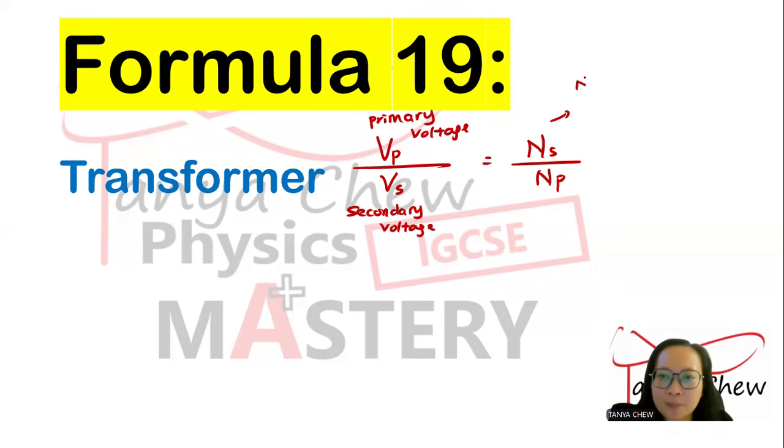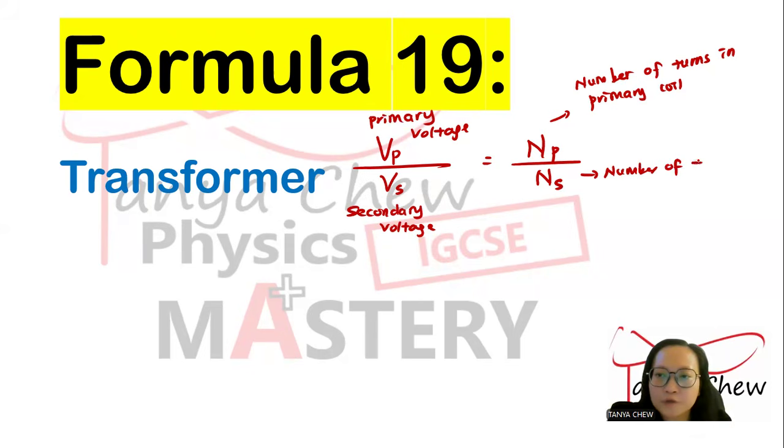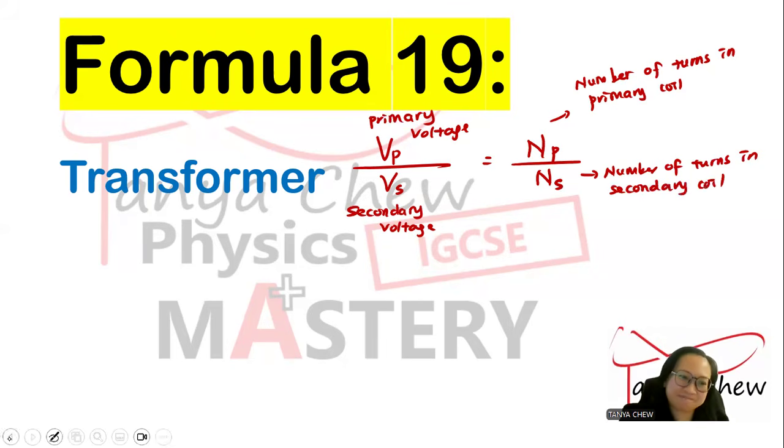Np means the number of turns in the primary coil, and Ns means the number of turns in the secondary coil. P and P stay together, S and S stay together. See that?